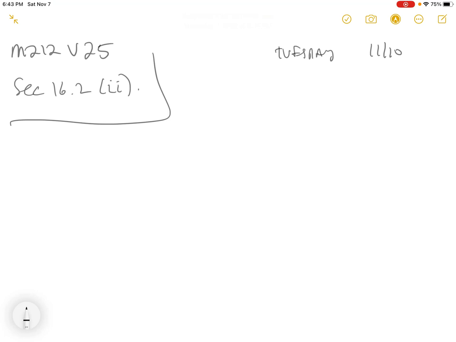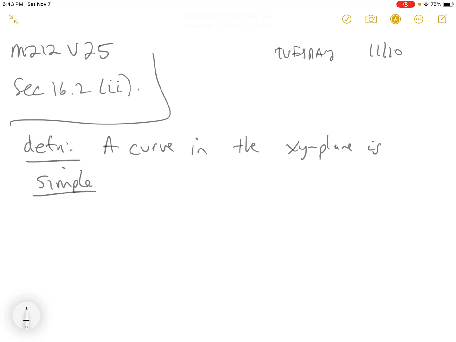So we're still working with these vector fields, and we've talked about flow and circulation and work, and now we're going to talk about flux. Okay, so start off with a definition. A curve in the xy plane is simple if it doesn't cross itself.